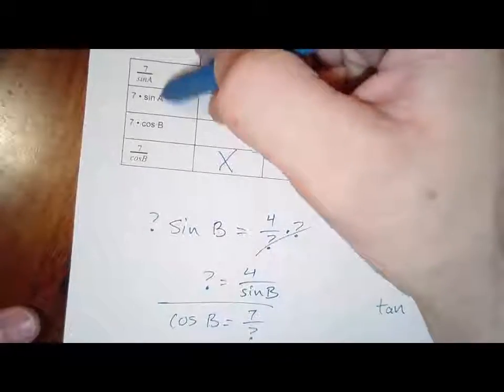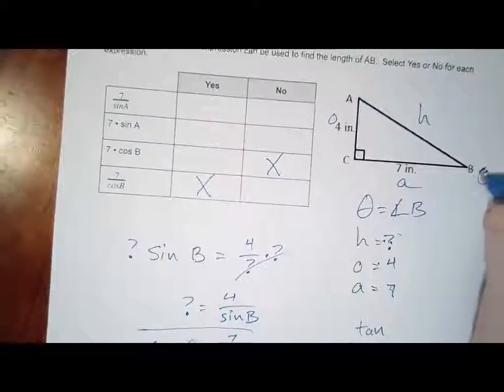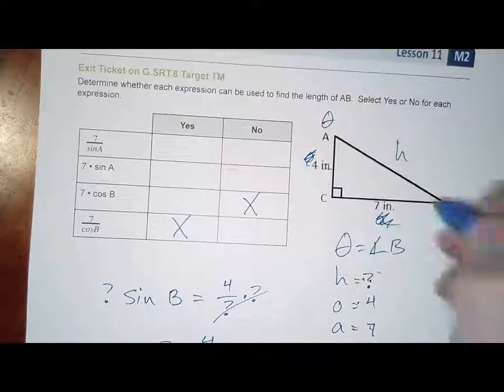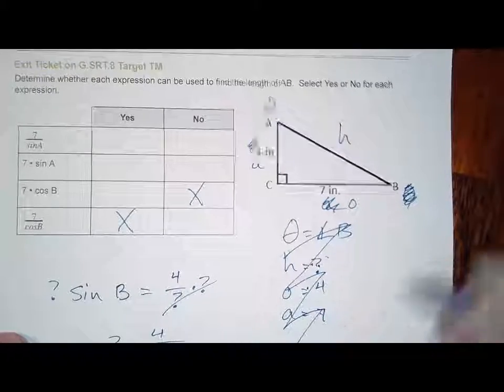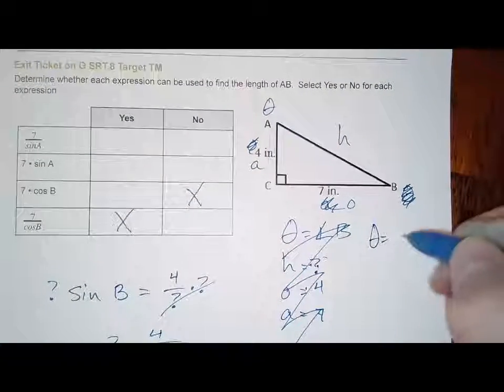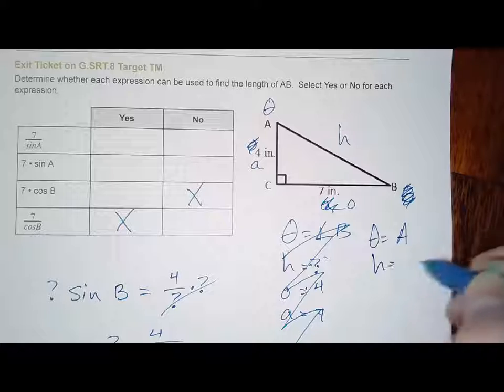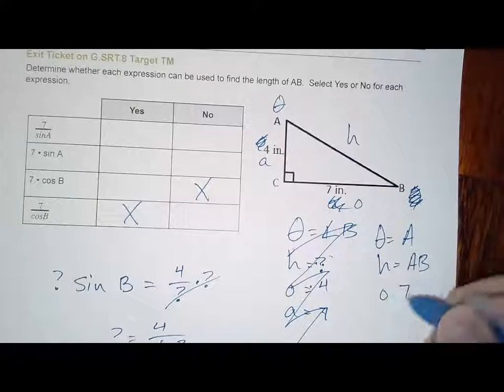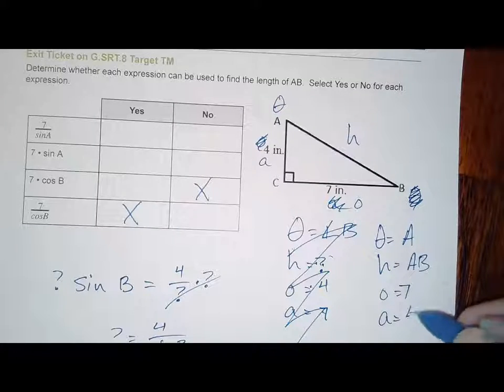And I guess between these other two choices, we're looking at angle A, so I'm going to relabel. At A, O and A switch. So our list is now theta equals angle A. H stays the same of AB. O is 7 and A is 4.